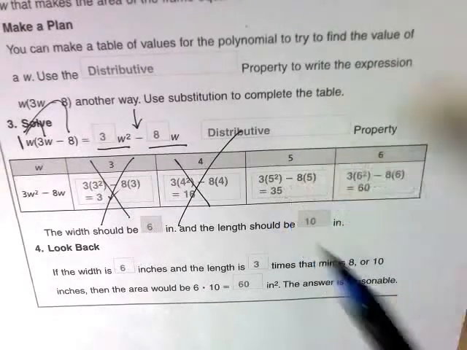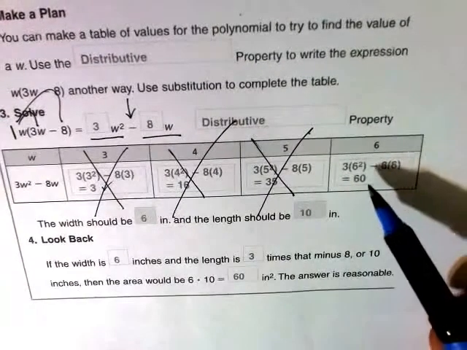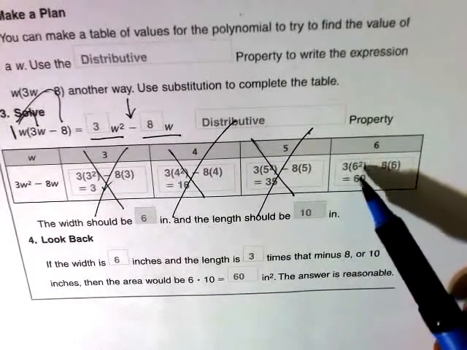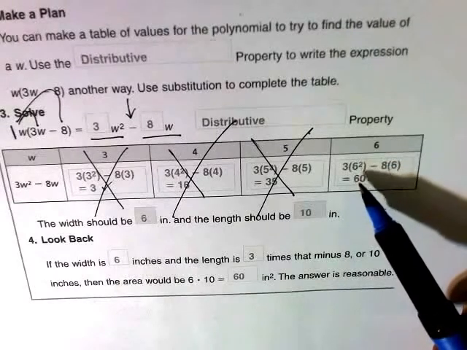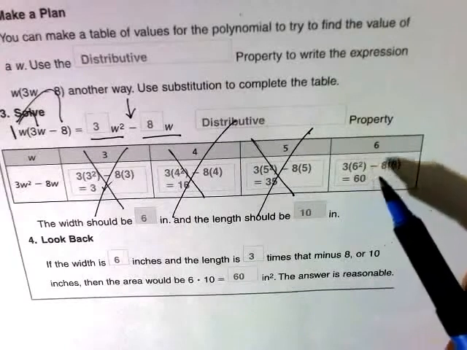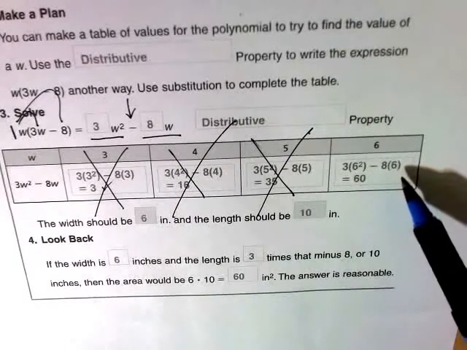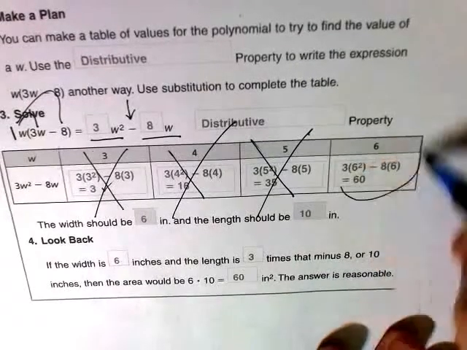Well, that again is not 60, so that one doesn't work either. 6 squared is 36, times 3 here, 36 times 3 is going to change into 108, and if I subtract 8 times 6, which is 48, I pop up with a solution of 60.